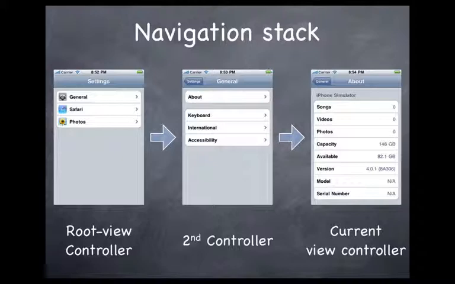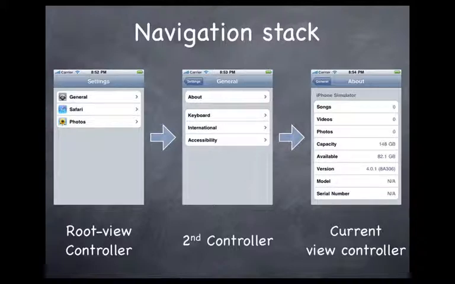So the navigation stack, here's how it looks. Here's the Settings application. The main screen which appears when we first launch the Settings application in the iPhone simulator gives you three options: General, Safari, and Photos. If you tap on General, it takes you to the second view controller, which gets added on the top of the stack. Remember, the view controller that's on the top of the stack is visible to the user.